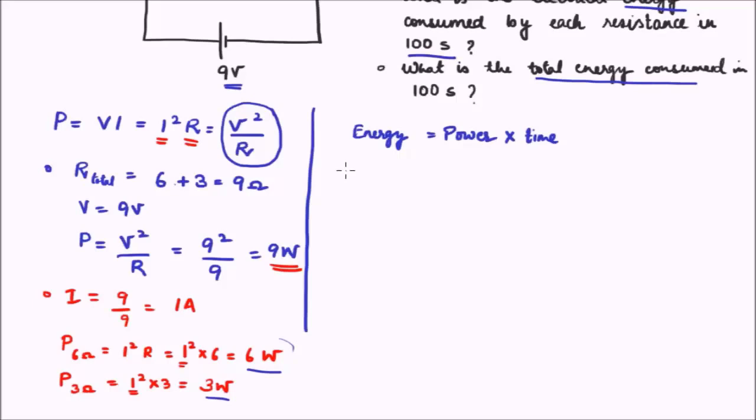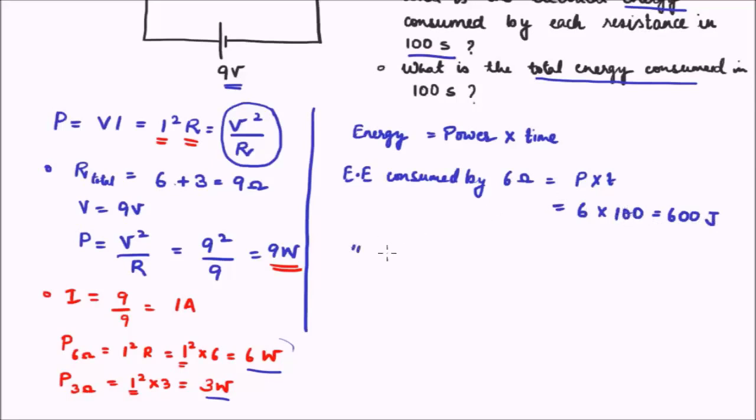So electrical energy, let me write EE, consumed by 6 ohm. That will be power times the time. Power for the 6 ohm is 6 watt and my time of running of the elements is 100 seconds. So that gives me a 600 joule energy consumed by the first element, that is the 6 ohm.